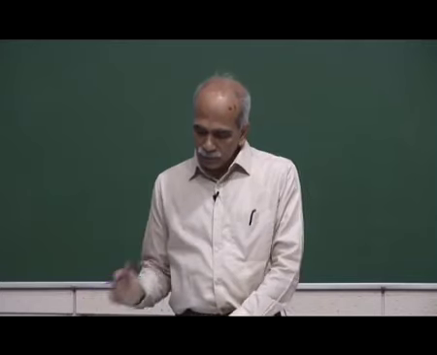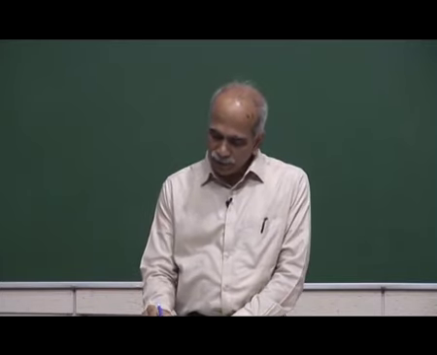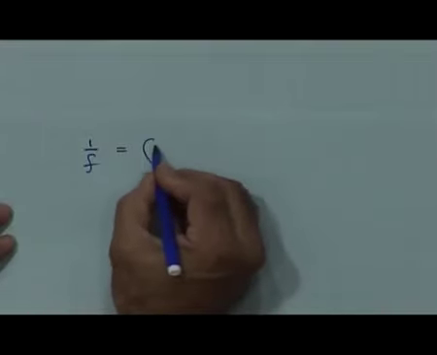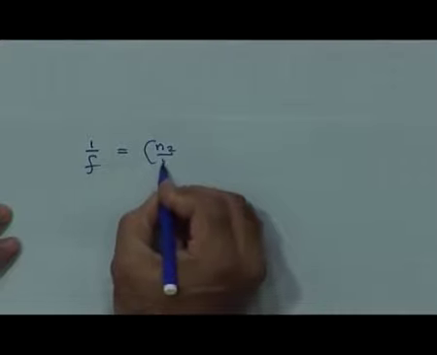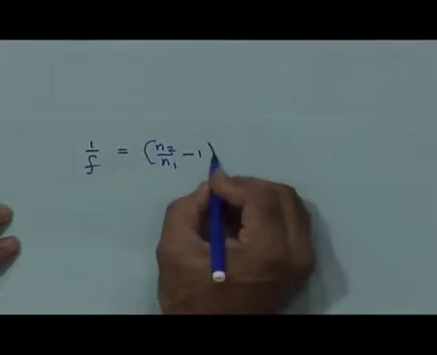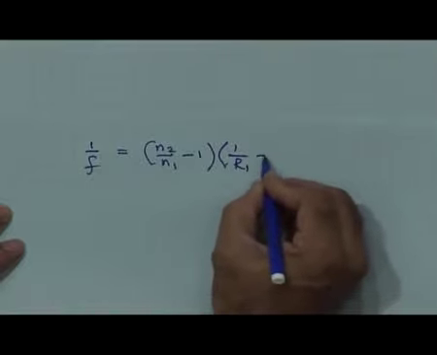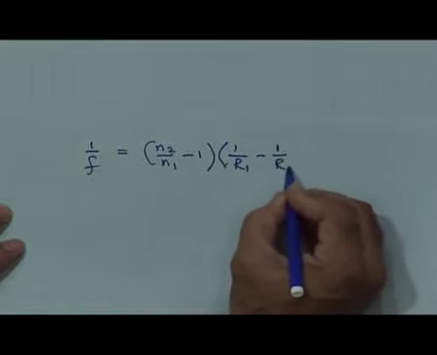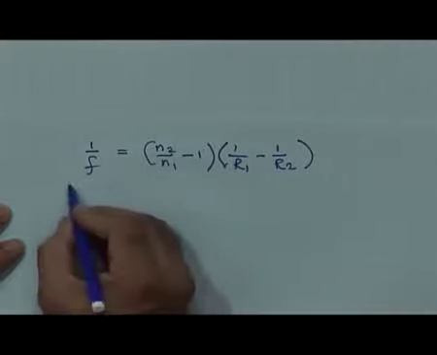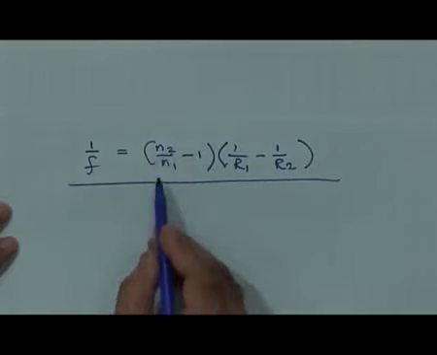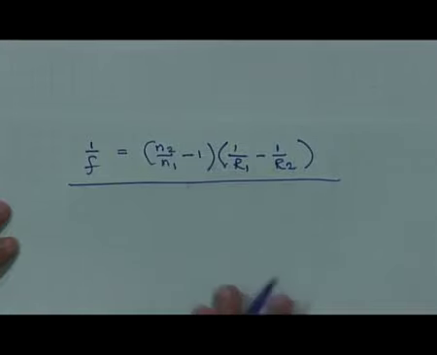So, let us use the lens formula, and we know that the focal length 1 over f is given by n2 by n1 minus 1 into 1 over r1 minus 1 over r2. This is the formula for the focal length. N2 is the refractive index of the lens, and n1 is the outside medium.